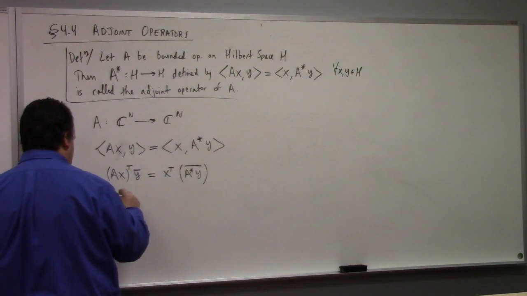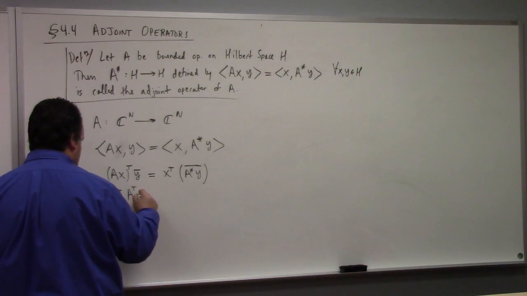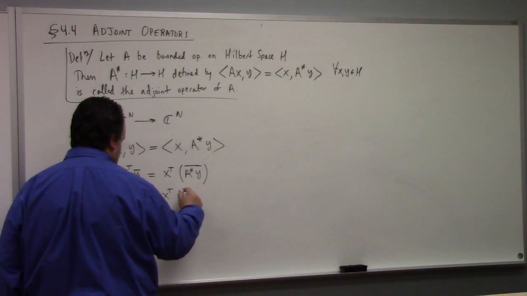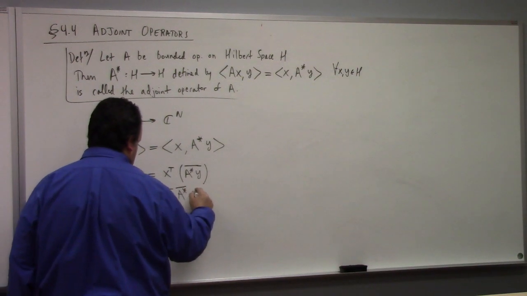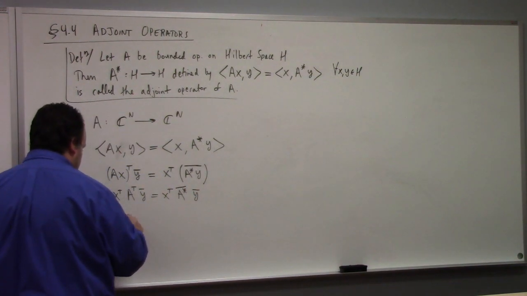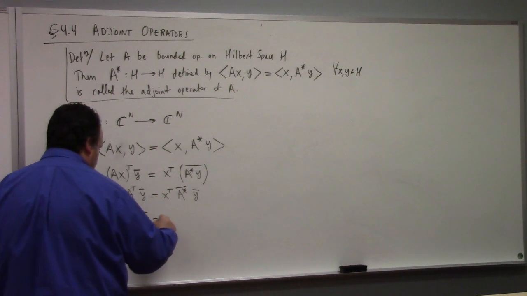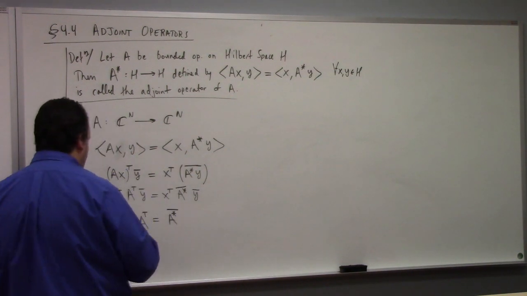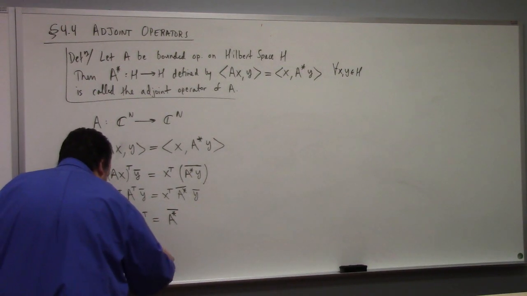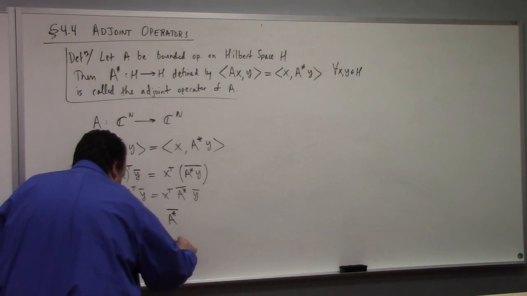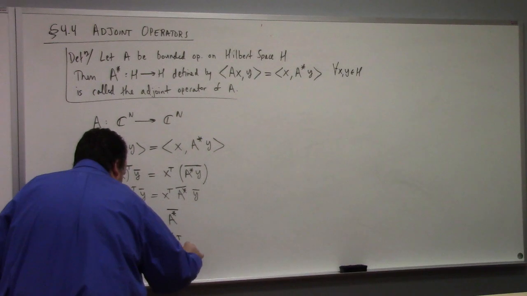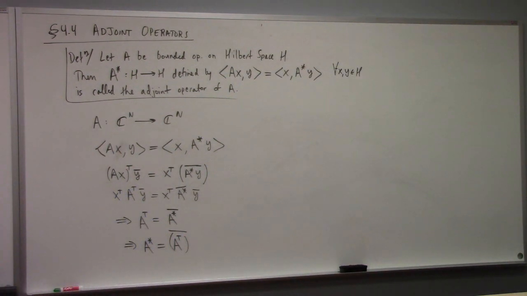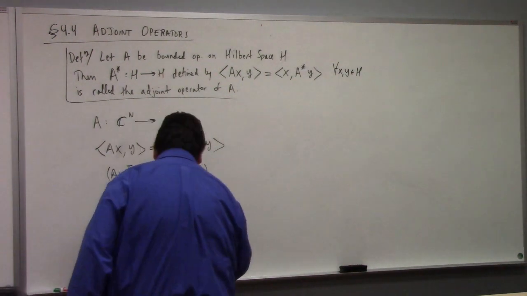But that gives me x transpose A transpose y conjugate is x transpose A star conjugate y conjugate, which then implies that A transpose is equal to A star conjugate, which implies then that A star is A transpose conjugate, which of course you will recognize as the Hermitian.